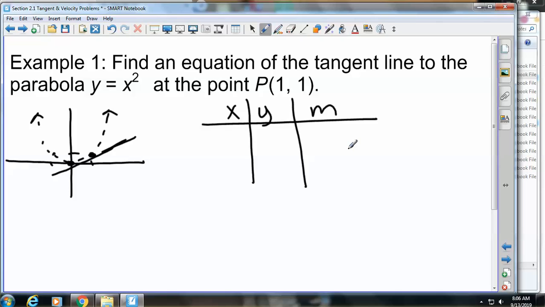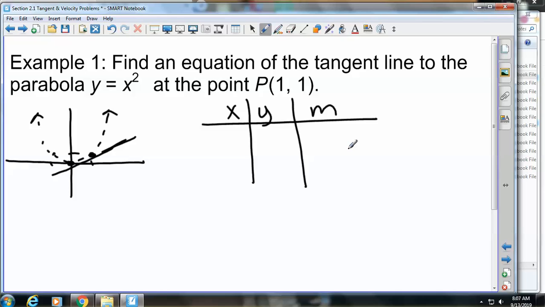We need to pick another point. Now if I pick a point like (-1, 1) and calculate the slope between those, is that going to be close to the line I have? No. If I picked (0, 0) and (1, 1), would that be close? Closer. Probably still not amazing, is it?